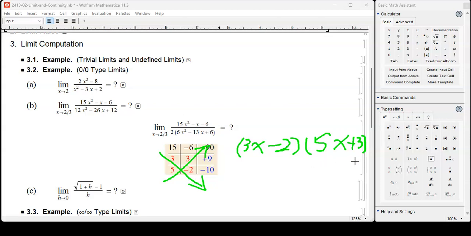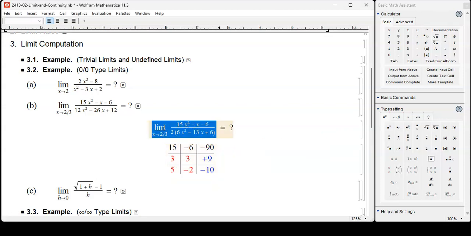And of course you can switch the order because multiplication is commutative. So in short, that's what we have so far. So here, 3x minus 2, and then 5x plus 3. That's a numerator.